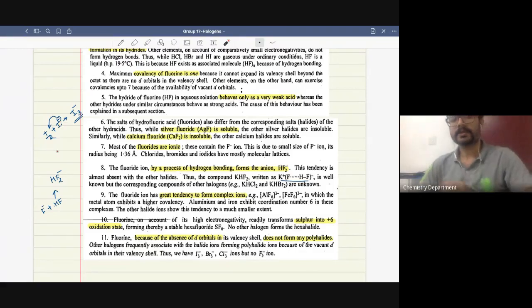So these are all the various abnormal properties shown by the fluorine atom.